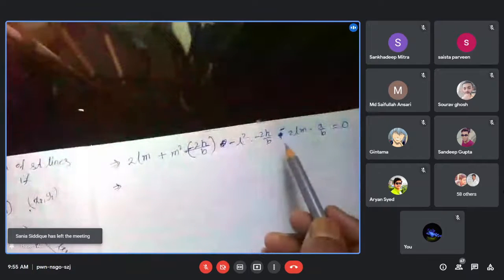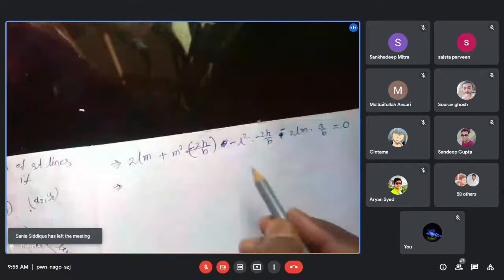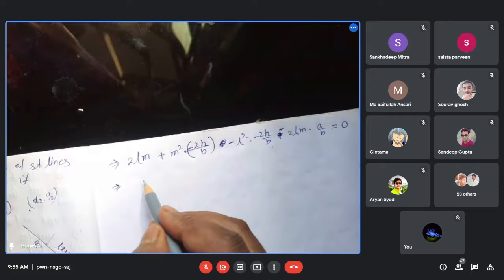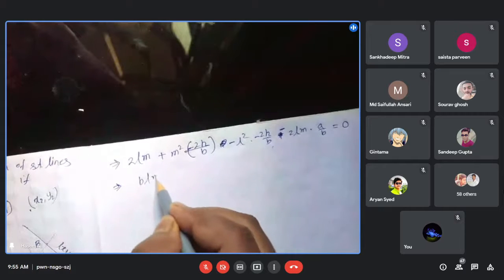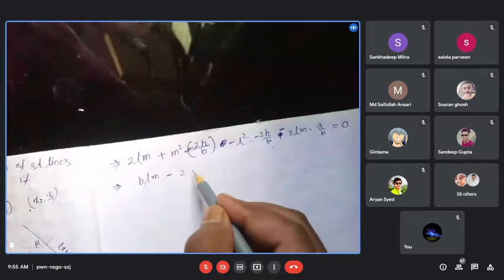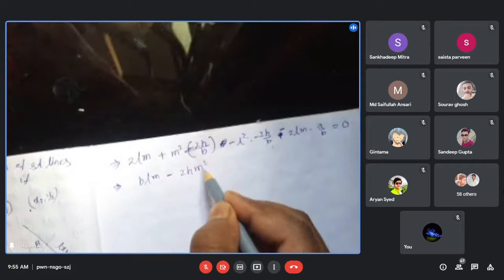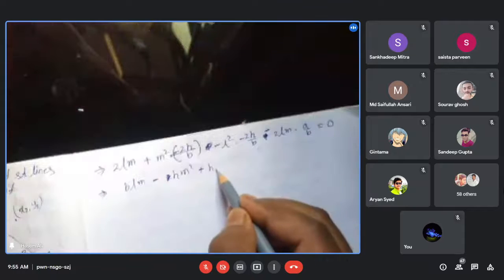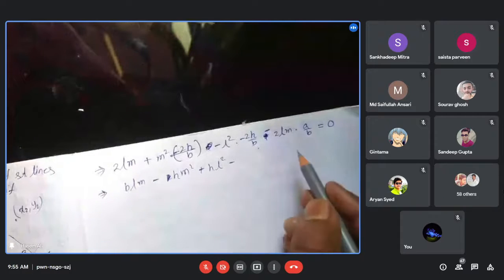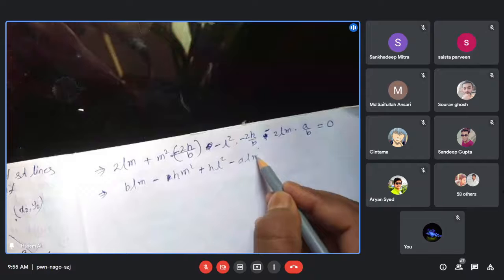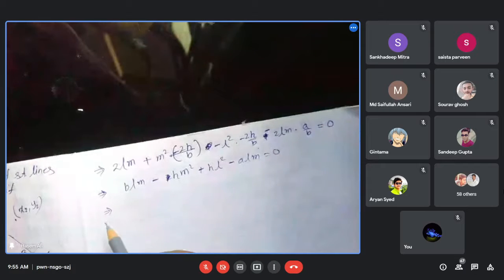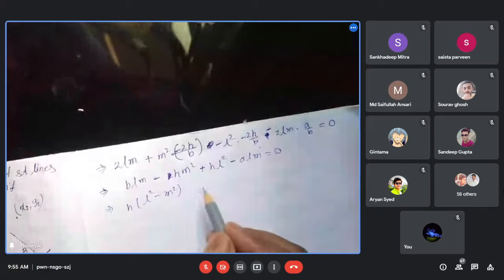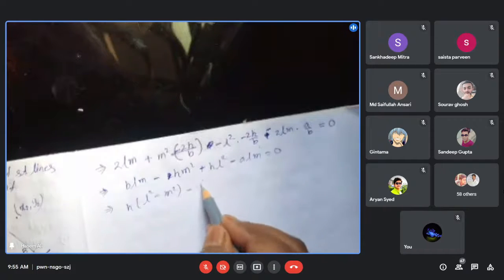Also, there is 2 common. So, b L m. This will be b L m minus 2h m square. No, this is minus h m square plus h L square minus a L m equals to 0. So, h into L square minus m square equals to minus a minus b into L m.